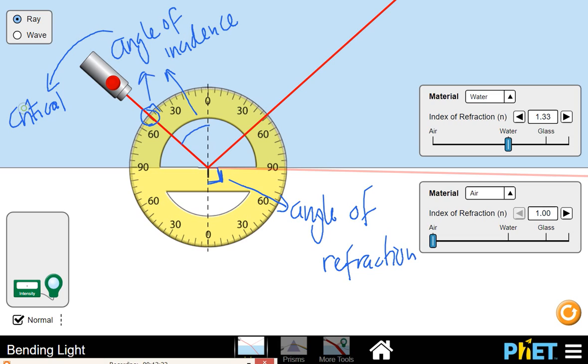The critical angle is the angle of incidence at which the angle of refraction is 90 degrees.